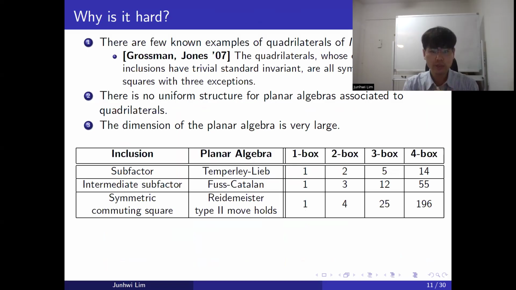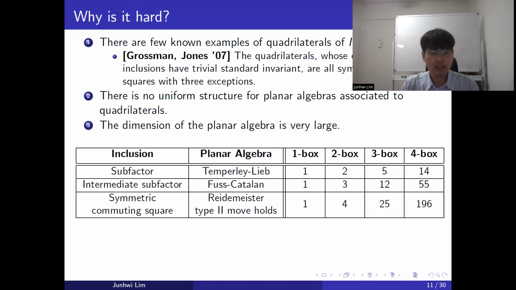In categorical language, this means that the 4 sides have 2-categories that are Temperley-Lieb. And they show that all such quadrilaterals are symmetric commuting squares with only 3 exceptions. The case of symmetric commuting squares has an easy structure, so it is not that interesting.